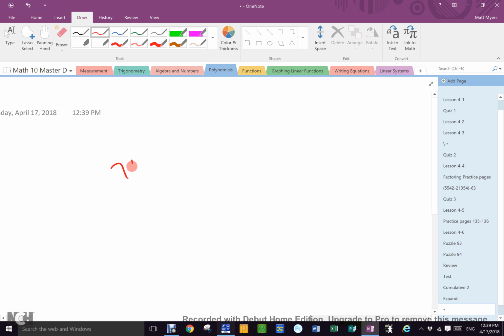If I gave you this, can you run the shortcut there? Because there's no coefficient, right? So that answer is x squared. 7 minus 4 is positive 3x. 7 times 4 is negative 28, correct?